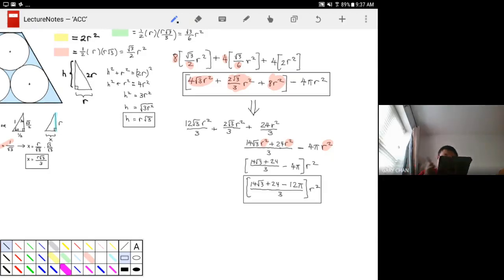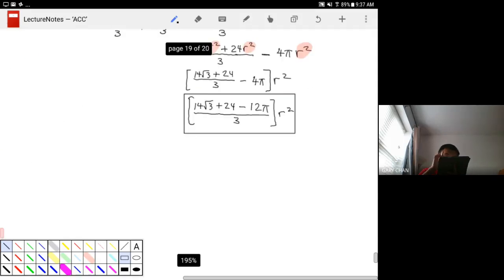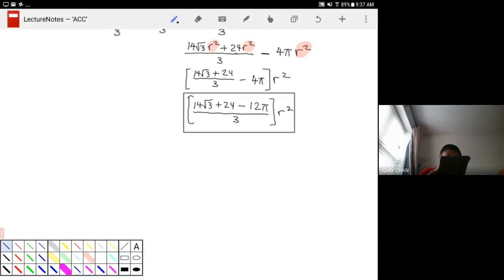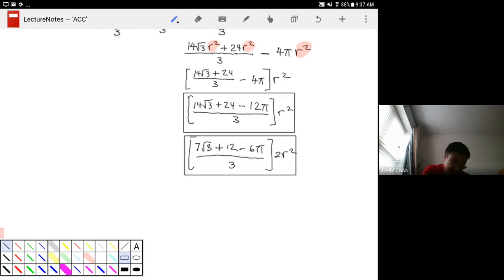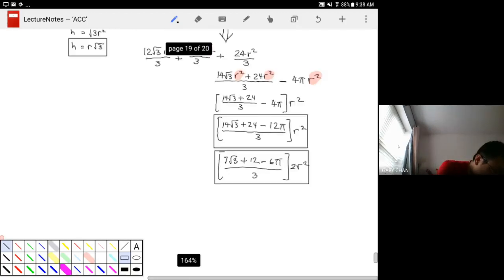That's another way of expressing that. So Emmett's saying this is 7 radical 3 plus 12 minus 6 pi all over 3, and this multiplied by 2r squared. Either one of those answers is perfectly fine.